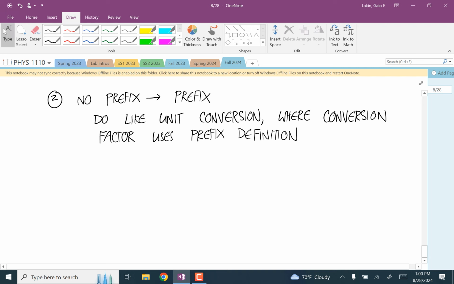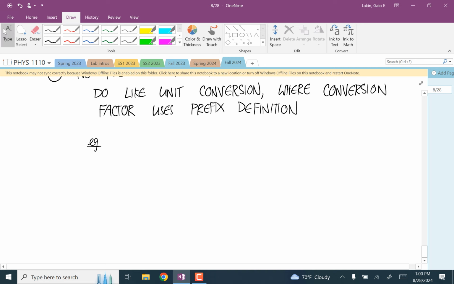Okay, so for example, let's say that I want to go from 100 grams and I want to express that in micrograms, or mu g.